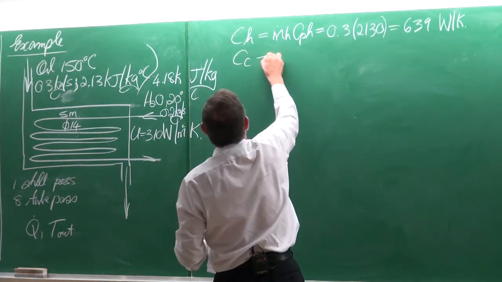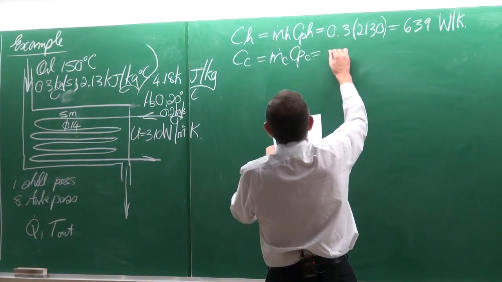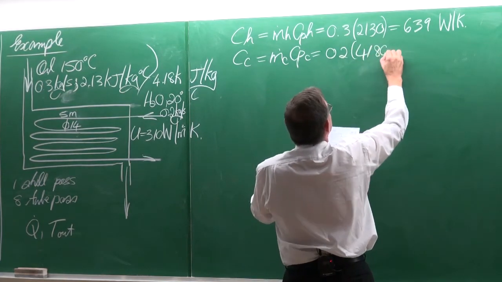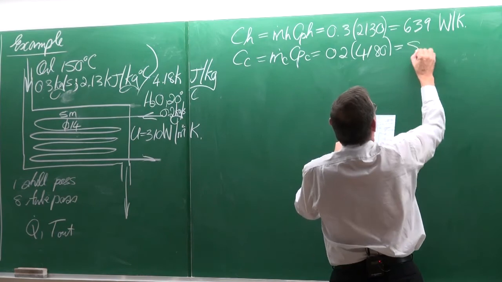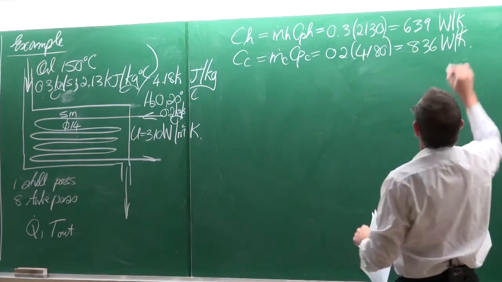The cold side, the mass flow rate on the cold side times the CP on the cold side, 0.2 multiplied by 4180 is equal to 836 watts per Kelvin.